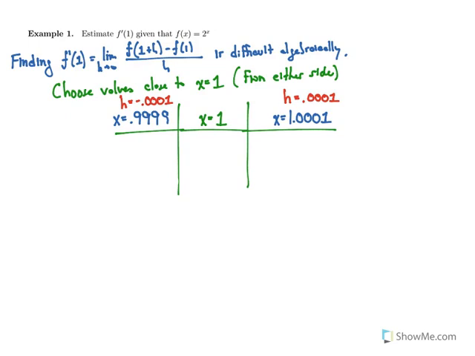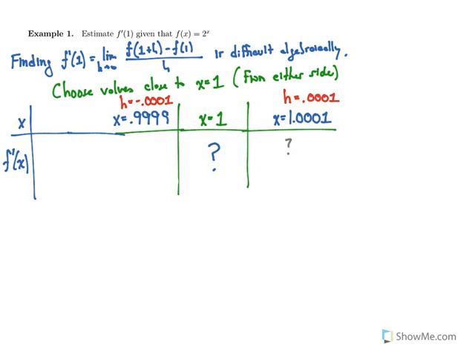Note that we are trying to find what the derivative is at x equals 1. Here we have x values, and here we have the derivative at the x values. We're trying to find the derivative at x equals 1, and we're going to estimate it with the secant line close to it. So first, what is the derivative when h equals 0.0001?